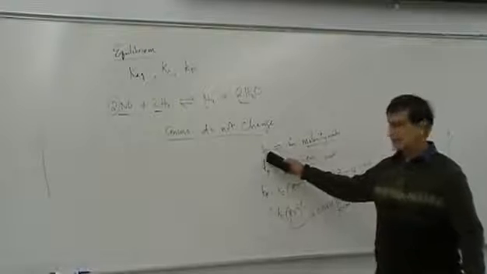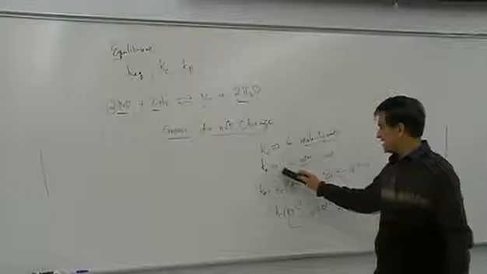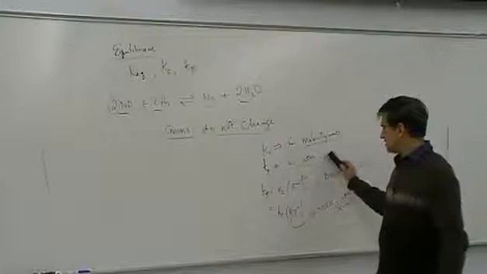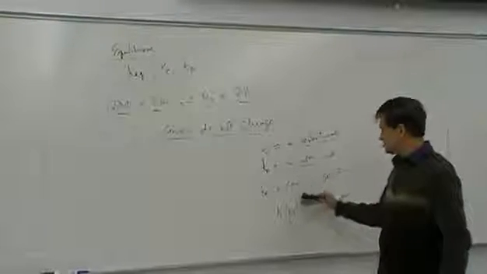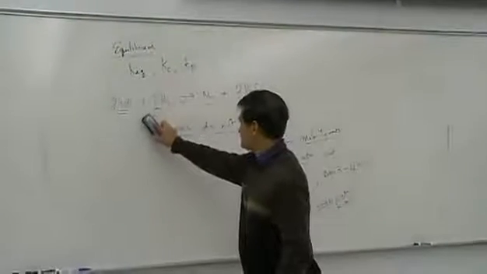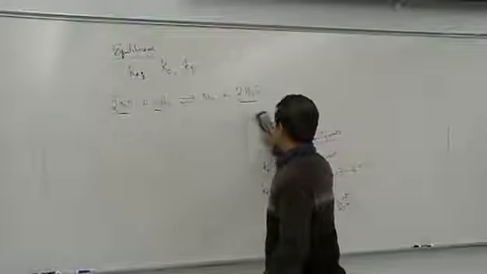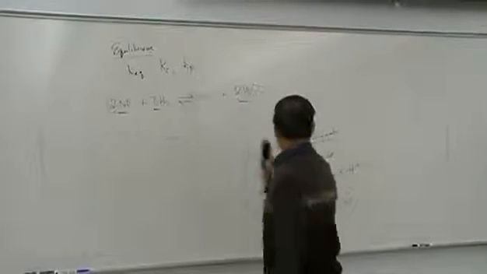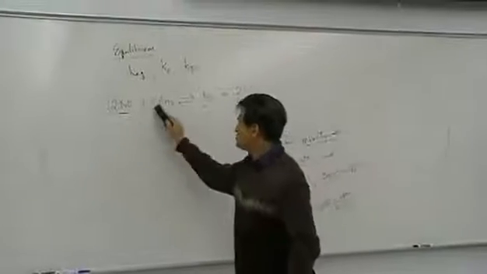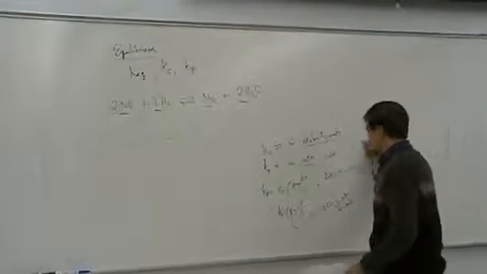Kc is the equilibrium constant in molarity units or concentration units, Kp in atmospheric units, and this is the relationship between Kp and Kc. For this particular reaction, I got delta N equals minus 1. So 2 plus 1, 3, that's this 3. 2 plus 2, that's 4, that's minus 4, that gives you power of minus 1.